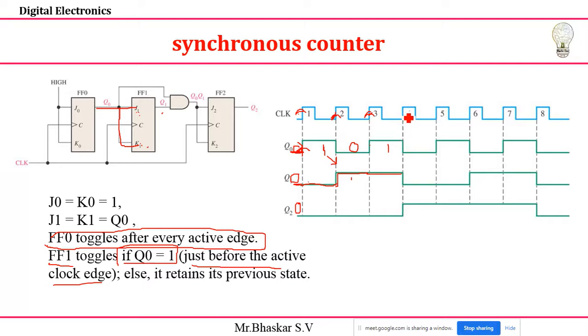Now similarly, check this condition. My previous value is 1, so it starts toggling, then 1 becomes 0. And on this rising edge, because of the 0 value, no change, keep this value as it is.